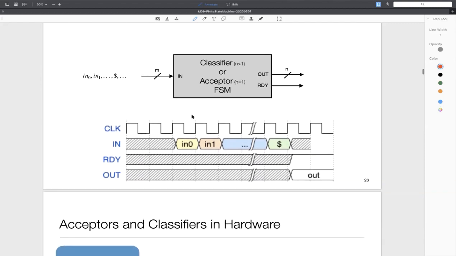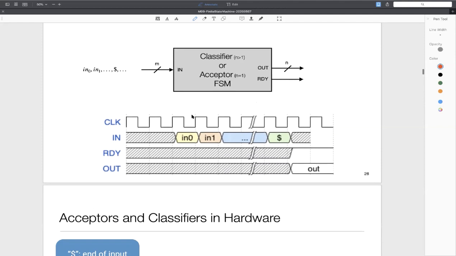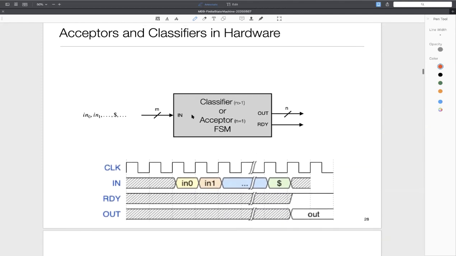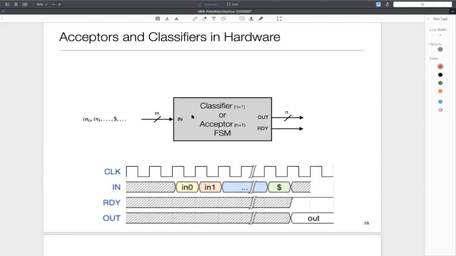Oftentimes, we are interested in looking for patterns. For example, one place where you find these kinds of machines is the hardware which goes into the internet. In the internet, you have packets of data which go from one machine to another, and as they do, they go through special computers called routers and bridges. As the data flows through the network at very high speed, these machines have to examine and then route the packet accordingly.